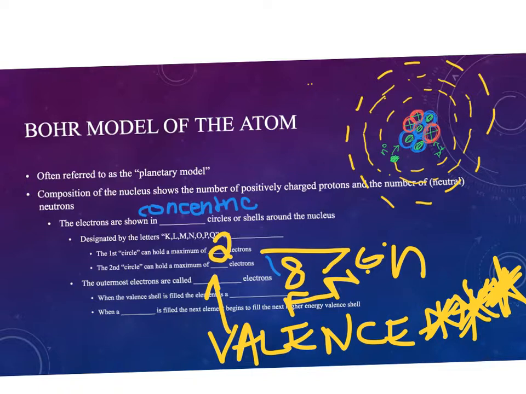I promise. Okie dokie. When a shell is filled, the next element begins to fill the next energy level in the higher valence shell. So, these circles are referred to as principal energy levels or shells.